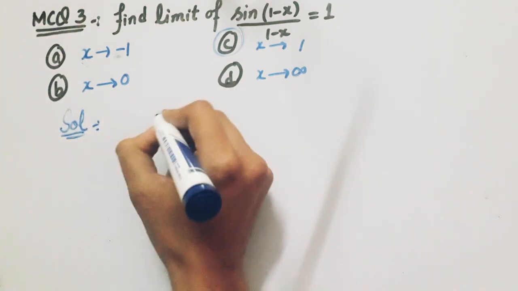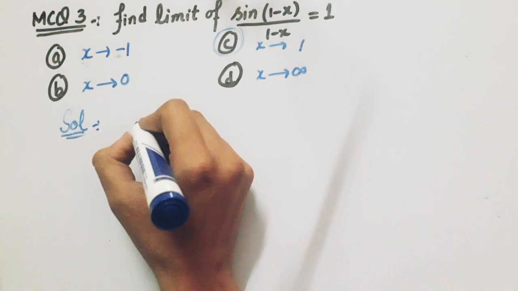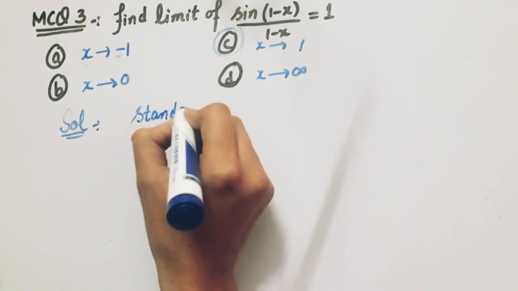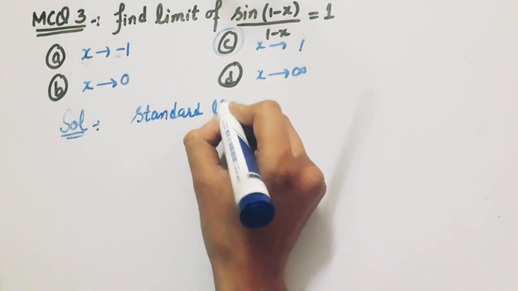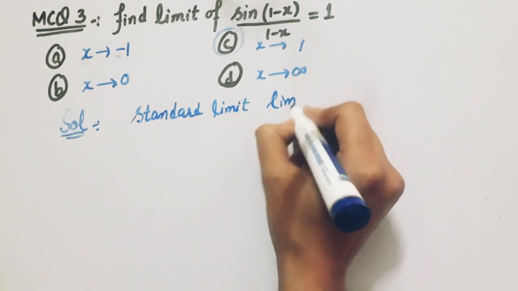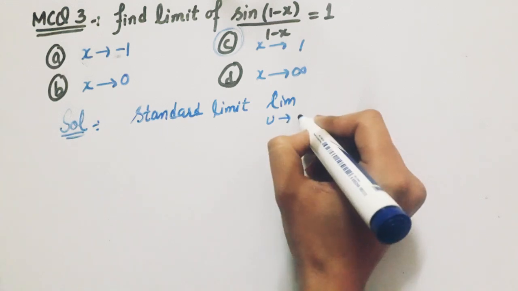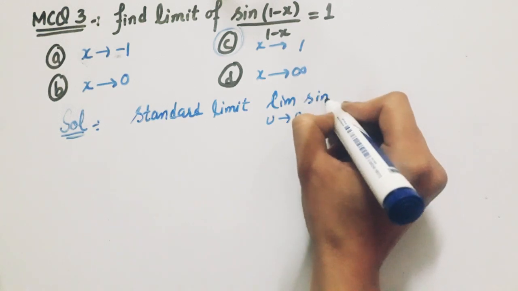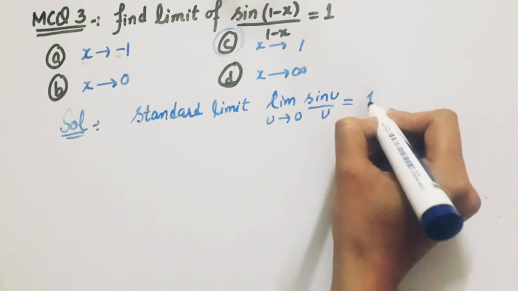We have the standard limit for the sine function. We know that the limit as u approaches to 0 of sine of u by u is equal to 1.